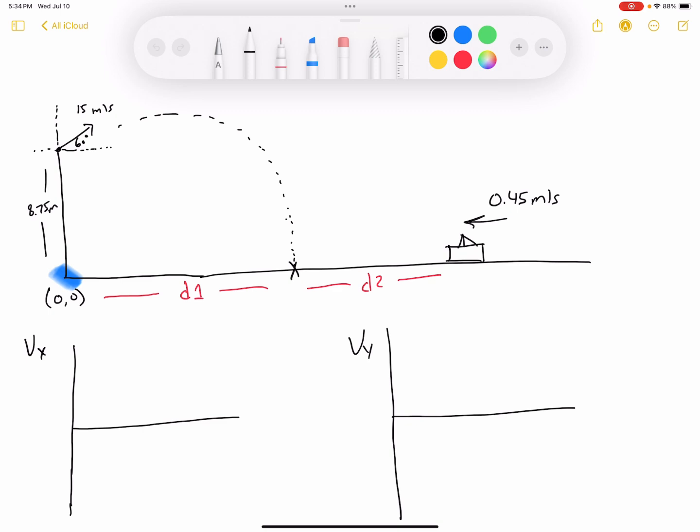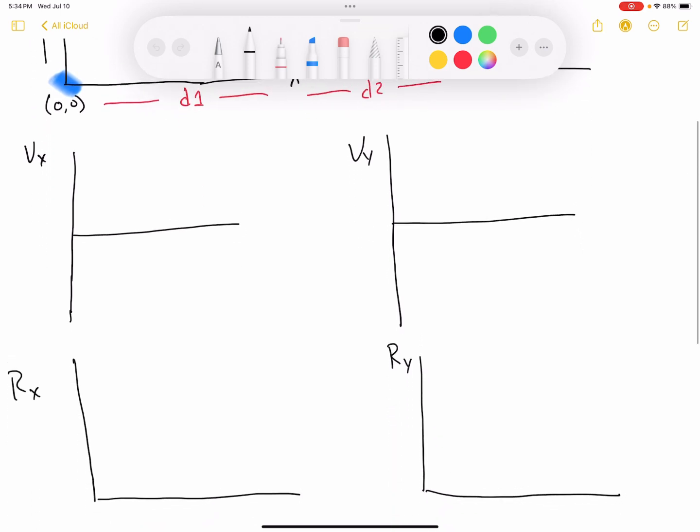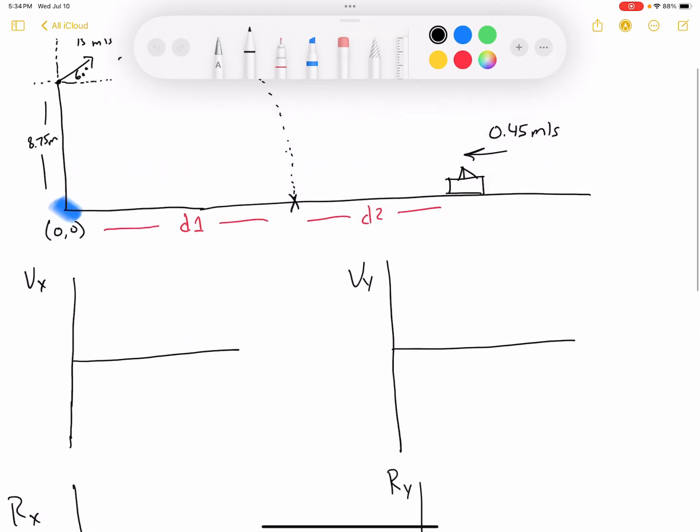So in this case they have two axes or two dimensions, x and y. We're not doing 3 dimensions here, but these things are vectors. So we're going to plot out the velocity in x, the velocity in y, and r, the position in x and the position in y. We're going to use this to figure out how far away the boat should be when the ball is thrown.